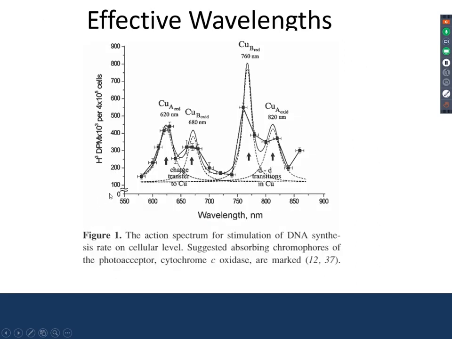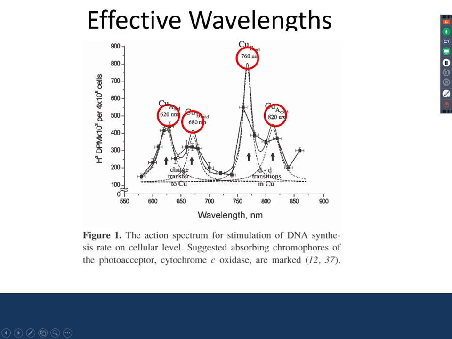Now, when I talked about the specific wavelengths, a lot of the research was done by Tina Karu. Tina Karu is a Russian scientist out of Moscow, and she did a lot of interesting research and determined that very specific wavelengths, 620, 680, in the 600 range, 760, 820, around those ranges, are what are absorbed best by copper specifically.